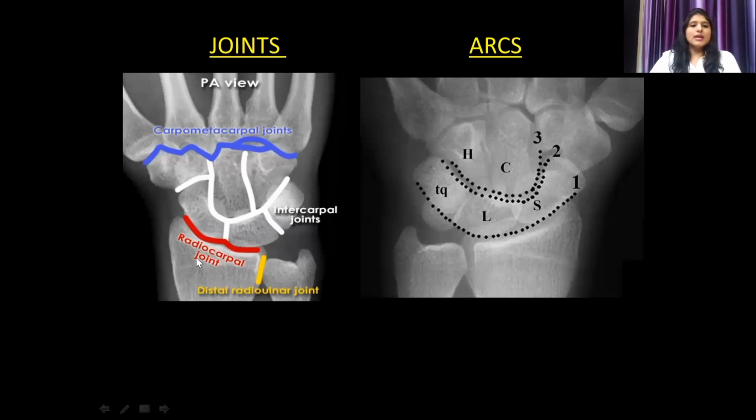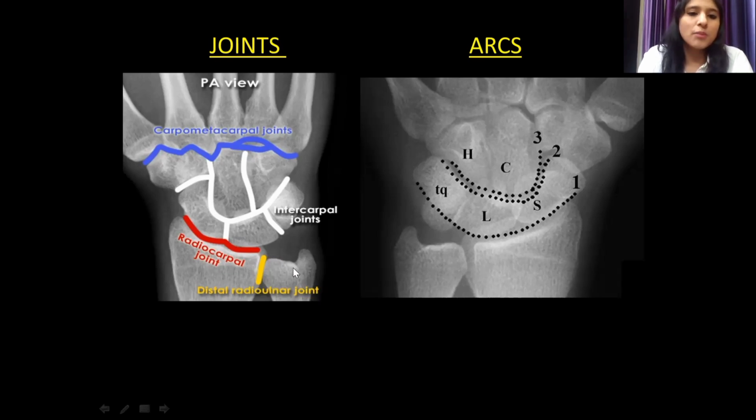Now, in addition to the carpal bones, the joints forming the wrist also have to be assessed on a PA view. On this annotated radiograph, we can see the distal end of the radius and the distal end of the ulna, and the joint between them is the distal radioulnar joint. Then the radiocarpal joint, which is formed between the radius and the scaphoid and the lunate bone. Please note that the ulna does not form a joint with the carpals because of the presence of a triangular fibrocartilage complex, which is not visualized on radiographs.